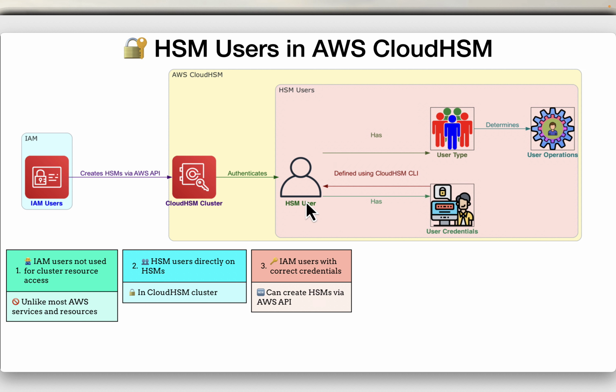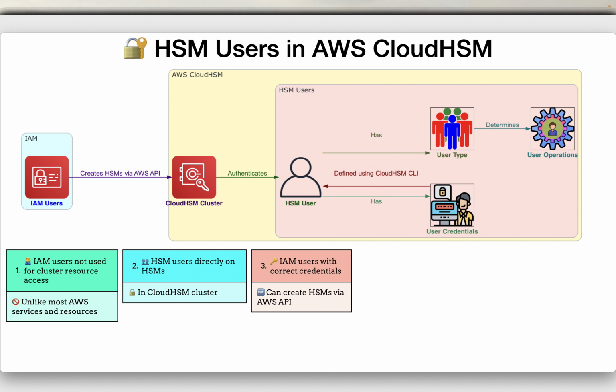They are not part of IAM, but IAM users will manage the overall product. They are the administrators who just manage the service, but inside this box everything belongs to the CloudHSM cluster. It has its own users, its own keys and policies. Since end-to-end encryption is not visible to AWS, you must use HSM user credentials to authenticate operations on the HSM.